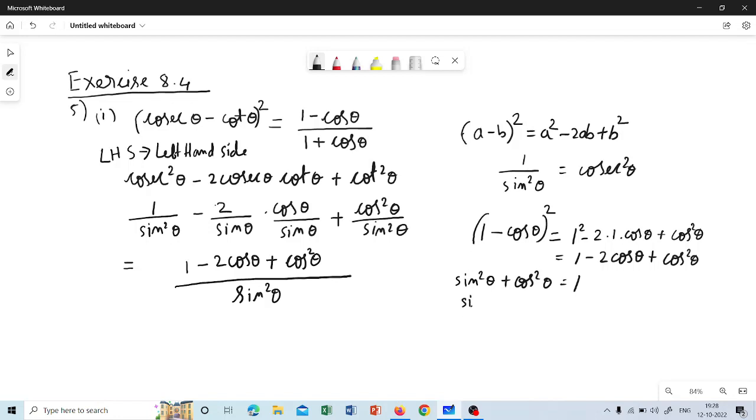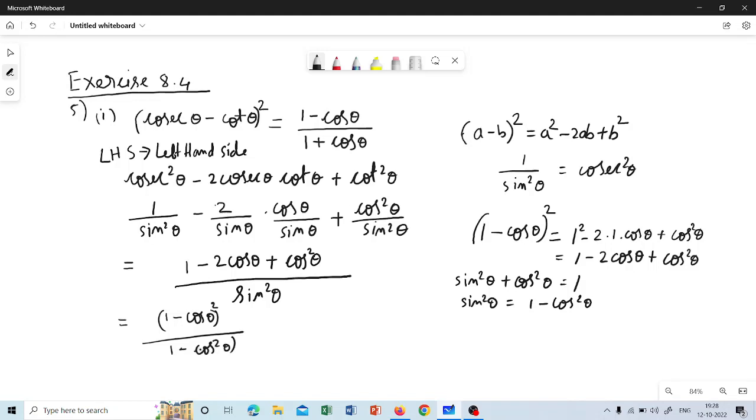So sine square theta is equivalent to 1 minus cos square theta. Now if I substitute in this equation, it will become (1 minus cos theta) whole square by 1 minus cos square theta.